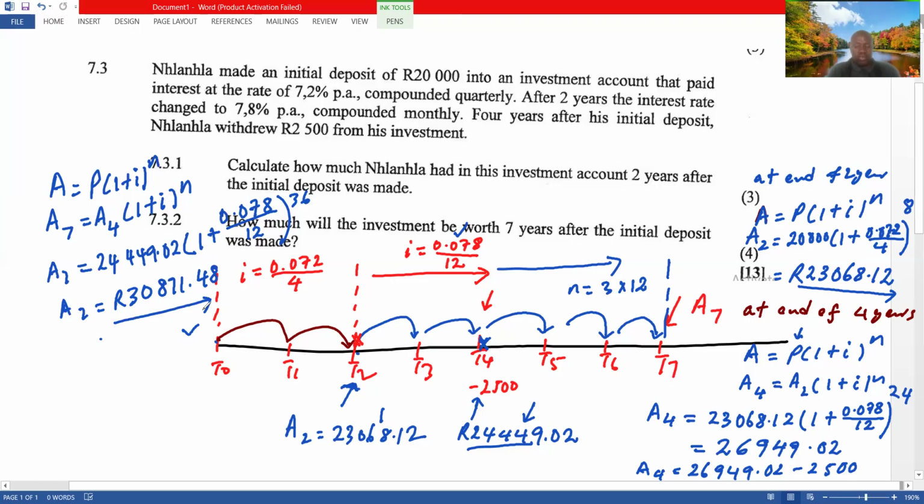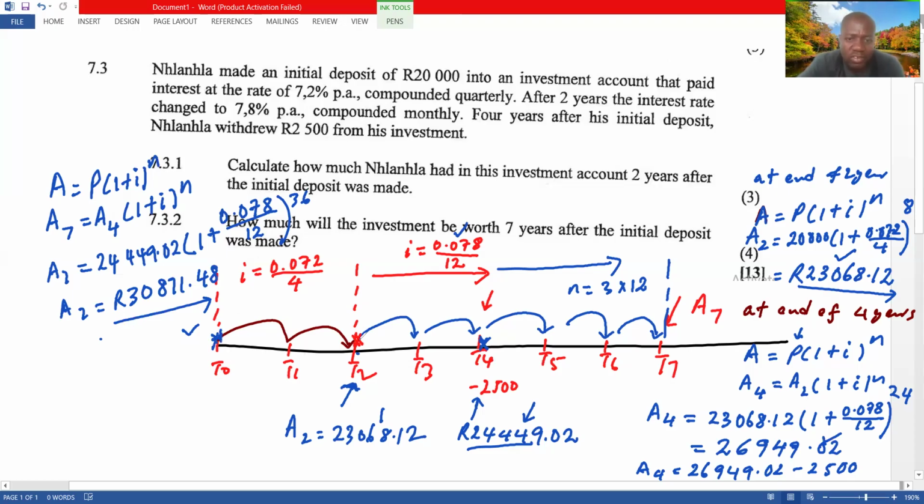Kindly make sure that you go through this. There's some way where you can get the answer fast, not just evaluating the amount at the end of each period, but by taking it at once. But I believe this is the best approach. Let's just go through this for the first time. His initial deposit was 20,000.